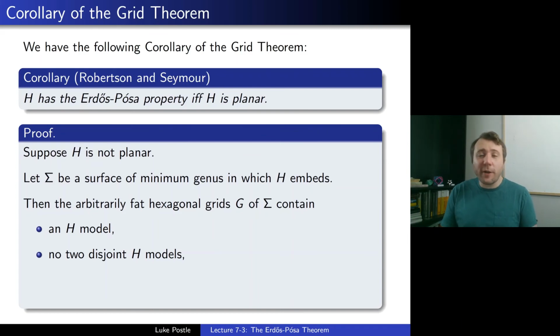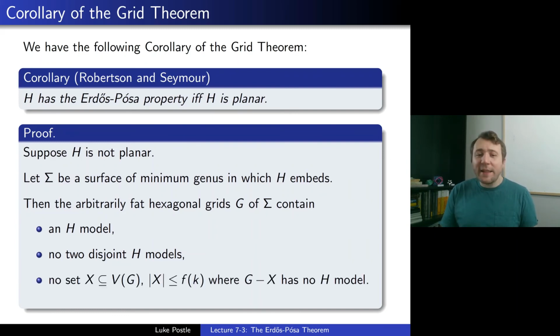One H model, when you delete it, has to use up some of the crosscaps and the handles, so there isn't room to put a second one in. And then you can further convince yourself that there's no small set X of size at most f(k) where G minus X has no H model. Again, assuming we're taking G much, much larger than this f of k that's given by the enemy.